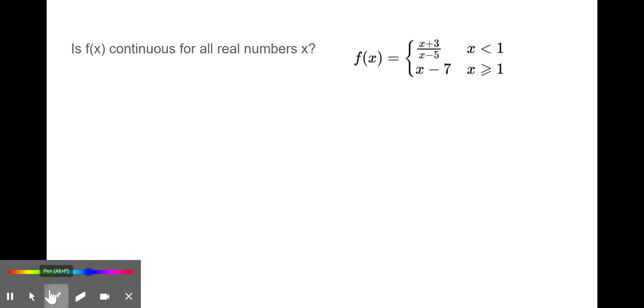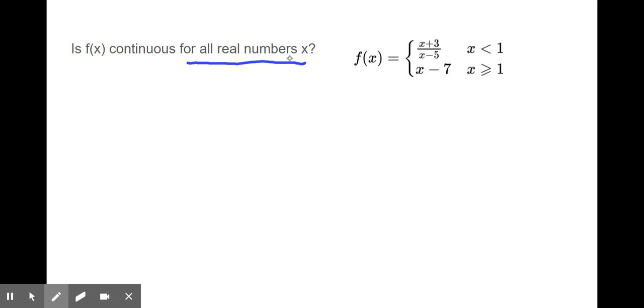All right, let's take a look at another. Here's a piecewise function. This is a little more interesting. I want to know if f is continuous for every real number x. So I guess the first thing we need to consider is, is there a chance that f of x might be discontinuous? Because if you looked at the last one, x squared, you know that's continuous, right?